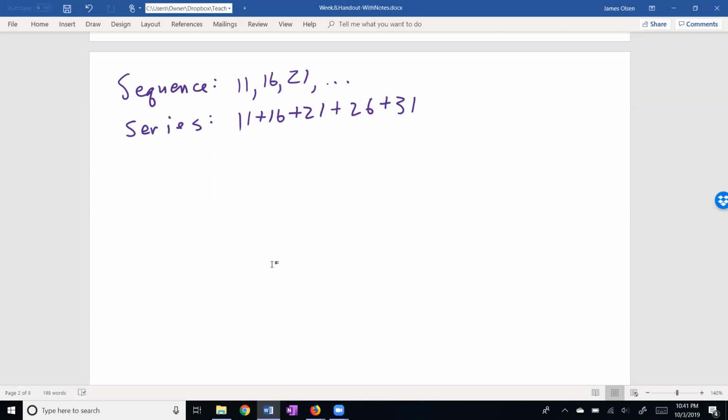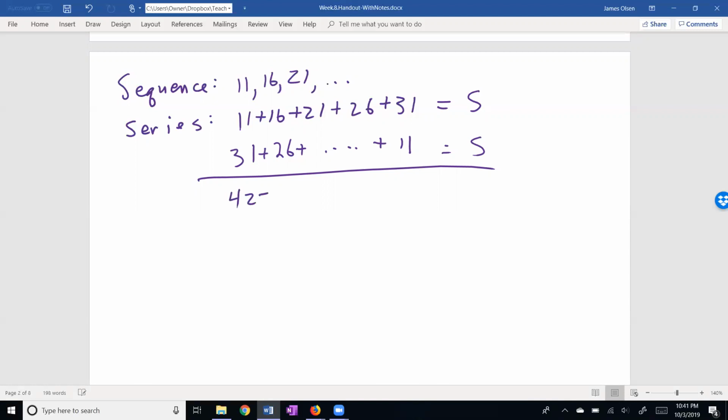It turns out that if we let this equal S, and we take S but reverse the numbers, 31 plus 26 plus and so on all the way down to 11, and add these two equations, I get 42, 42, 42, 42, and over here we have two copies of our sum.